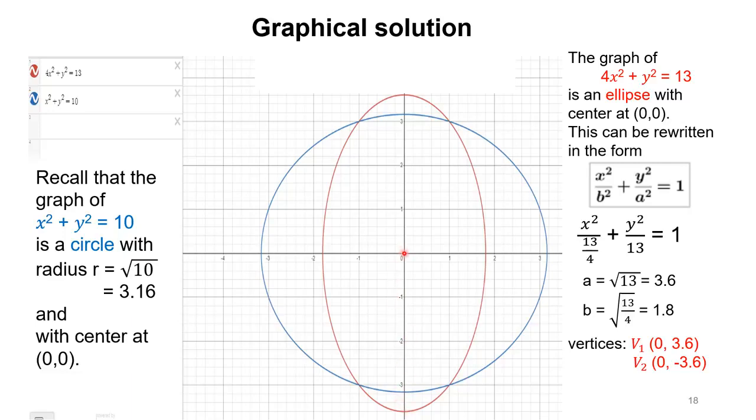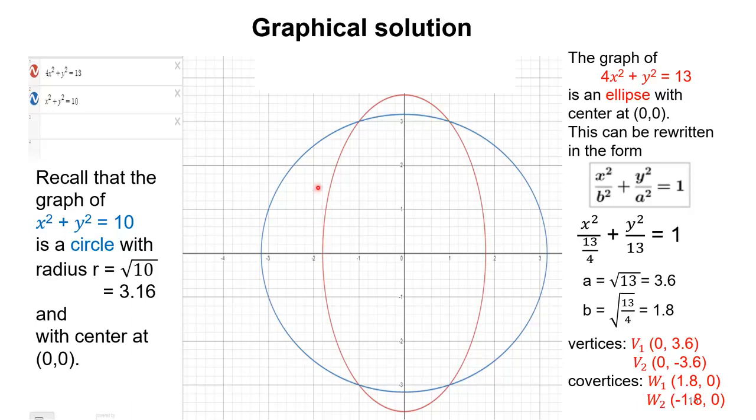And then our covertices are as follows. We have W sub 1 at x is 1.8, y is 0, and we have negative 1.8, 0.